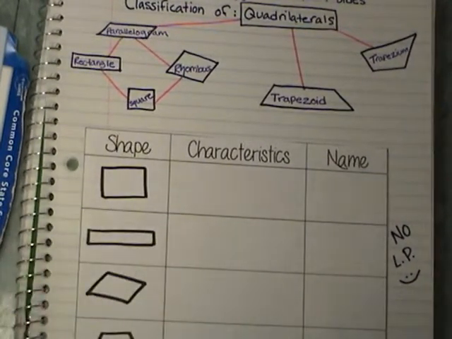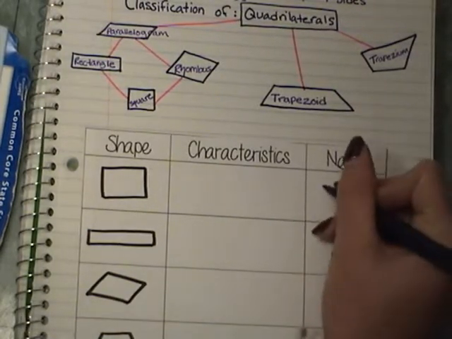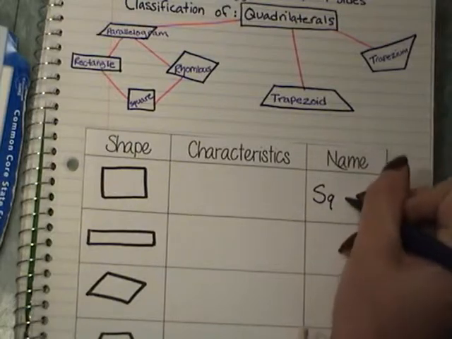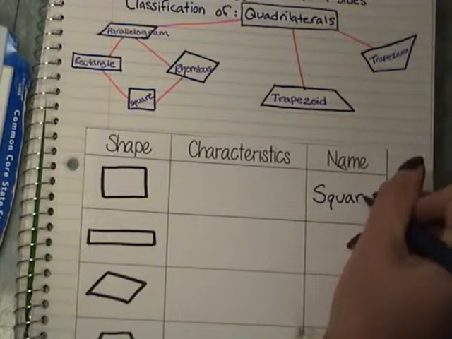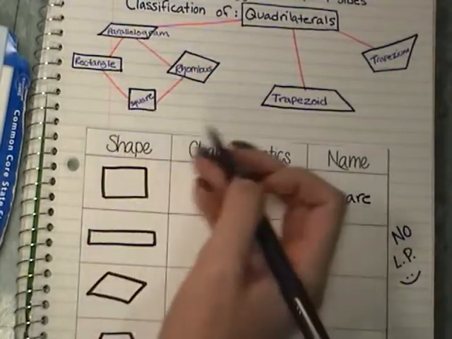So our very first shape, one that I think you are the most familiar with, go ahead and name that, and that is a square. And the characteristics of a square, well, it's a parallelogram, it's underneath this category.